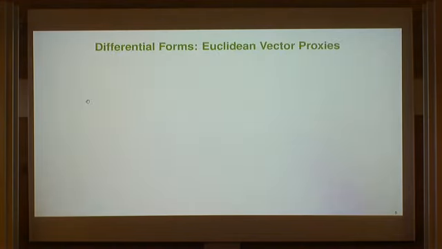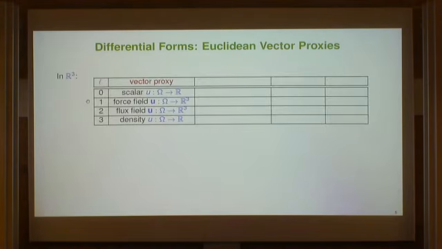Because when we choose Cartesian coordinates, for instance, in 3D, then it's possible to establish an isomorphism between differential forms and functions and vector fields. So here it's listed. 0 forms are just plain functions, but 1 forms can be identified with vector fields. So can 2 forms, and 3 forms in 3D again can be represented by functions.